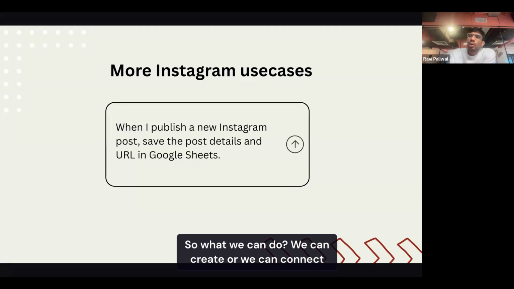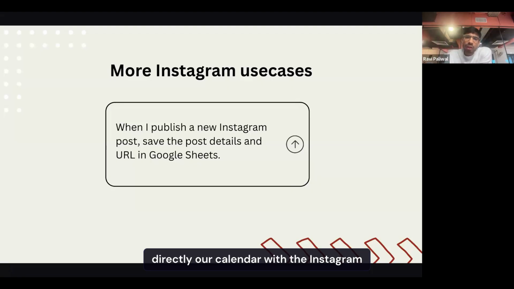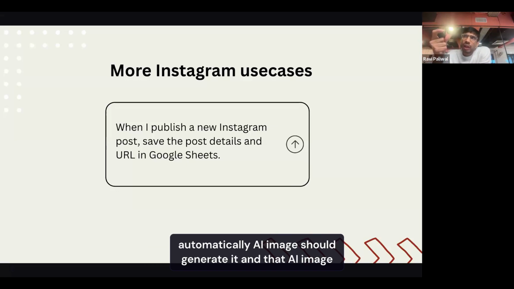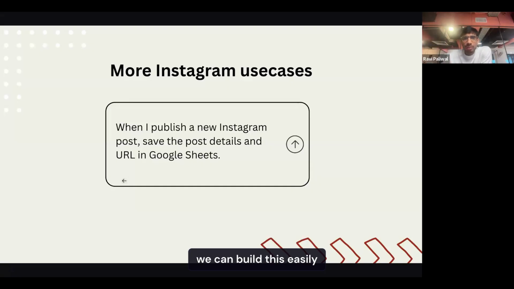So what we can do is connect our calendar directly with Instagram and ask AI to build a workflow which connects the calendar to get festivals, and just one day before the festival, an AI image should be generated automatically, and that AI image should be sent over your Instagram story and post with a caption relevant to that festival. We can build this easily.